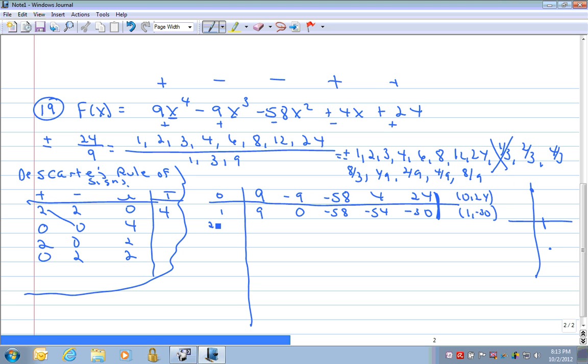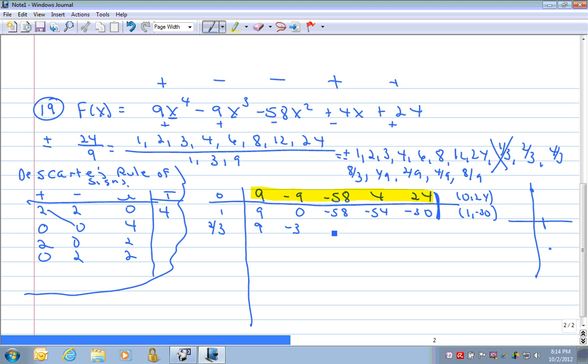So if we try 2/3, we bring down, remember, once again, we're using this top row of numbers because we never found a 0. If you find a 0, then you can use the new row of numbers. So we bring down the 9. And then we have 2/3 times 9. Well, 3 goes into 9 three times, 3 times 2 would be 6. 6 and a negative 9 would be negative 3. 2/3 times negative 3 gives me a negative 2.